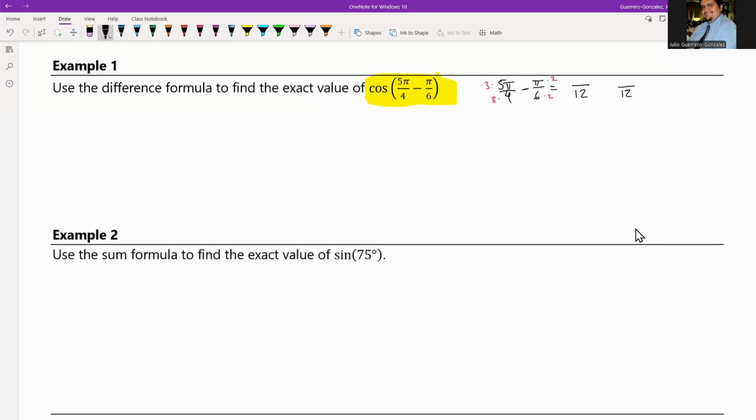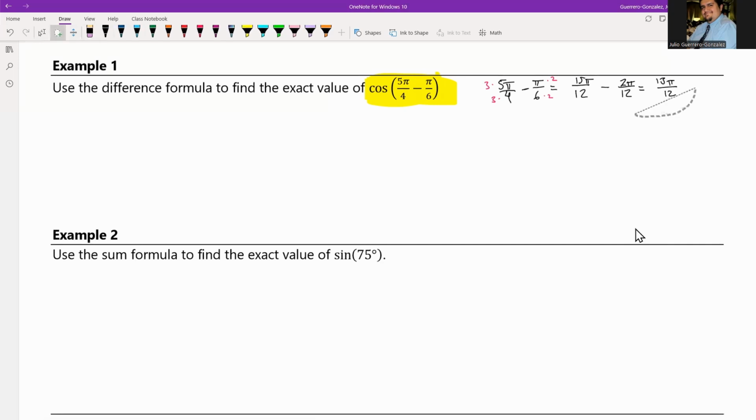3 times 5, that's going to be 15 pi, minus 2 times 1, that's going to be 2 pi. There we go. So what I have here is 15 pi over 12 minus 2 pi over 12. That's going to be 13 pi over 12.